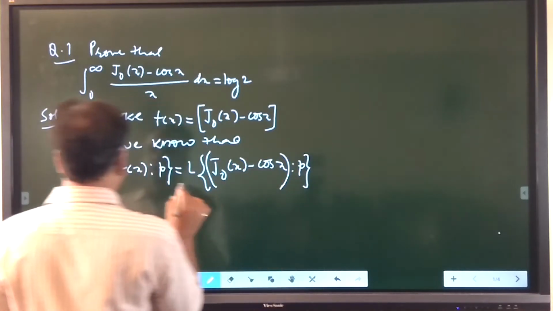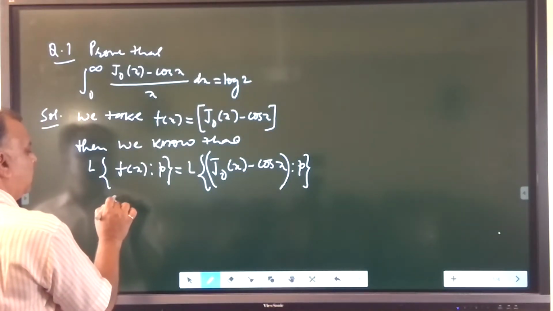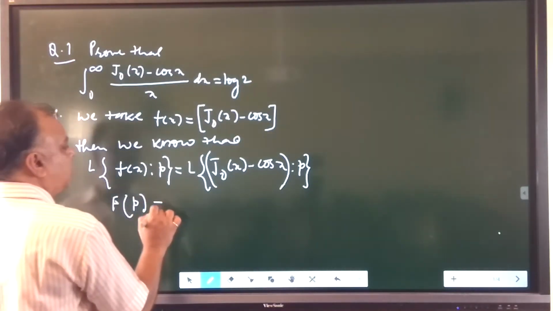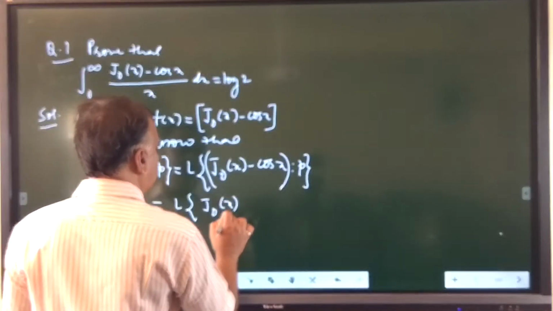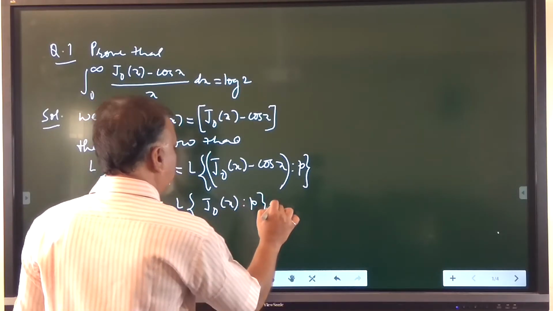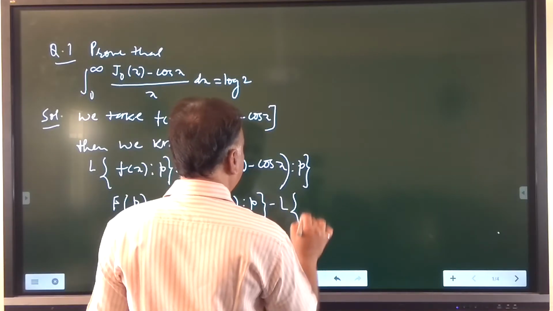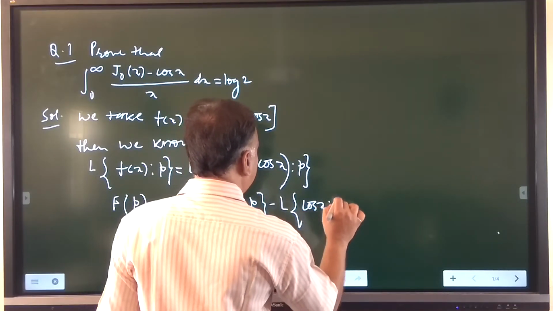If we take this as f(p), then f(p) is equal to the Laplace transformation of J0(x) with respect to p minus the Laplace transformation of cos x with respect to p.